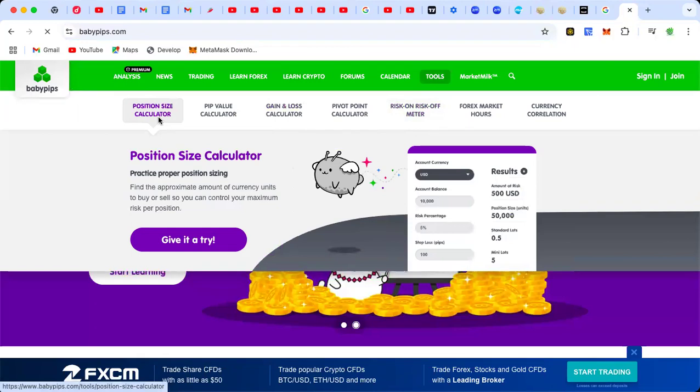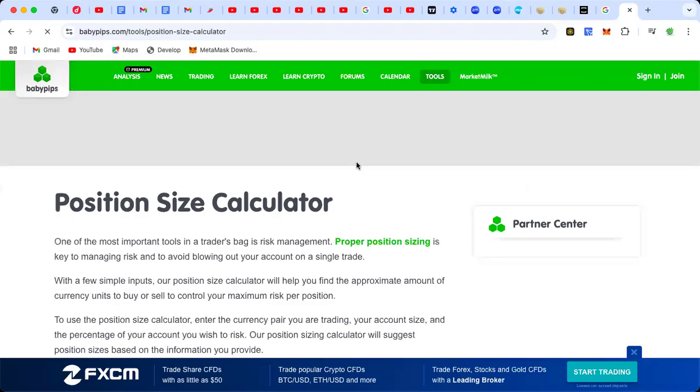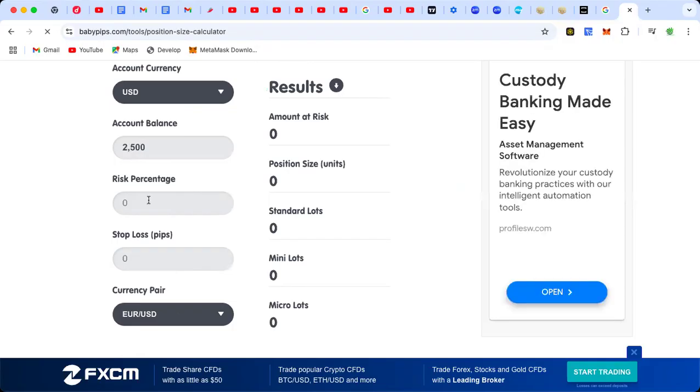If your account is a prop firm account of 50,000, like we are trading with Trade Mastery, and they say your maximum drawdown for a day is 5%, then 5% of 50,000 is $2,500. So type $2,500 here. My rule is to expose only 10% of your maximum drawdown for the day, so you type 10% here.